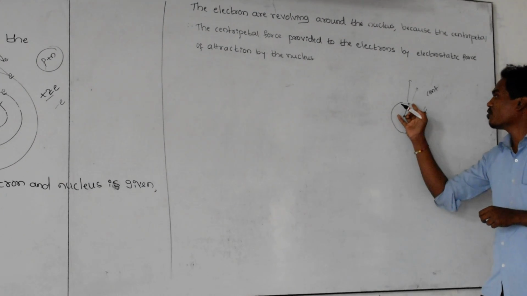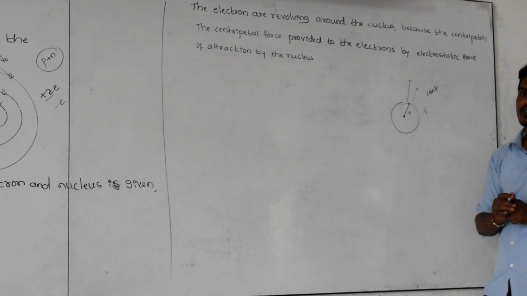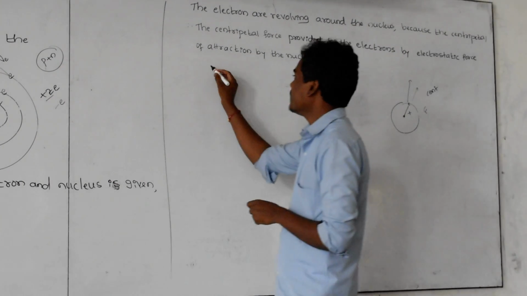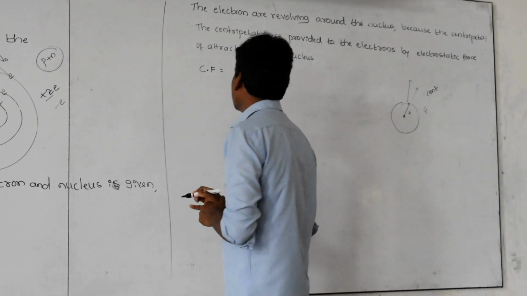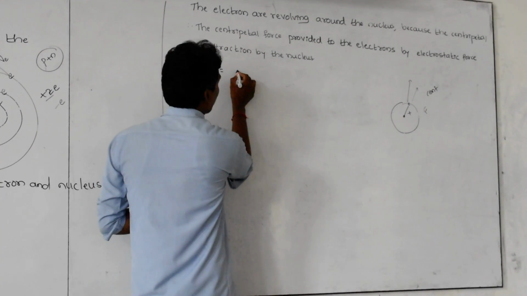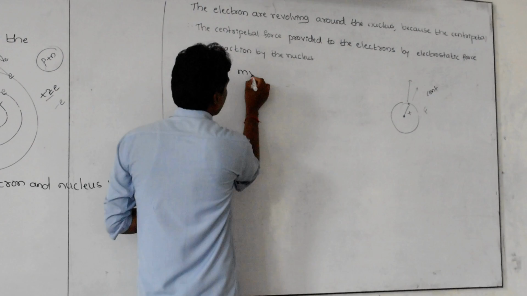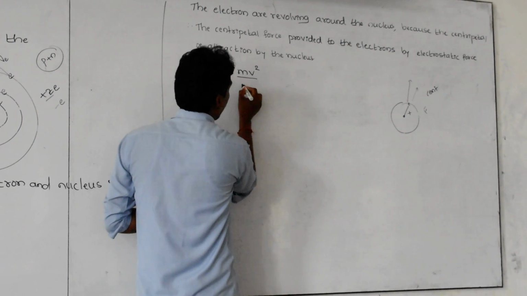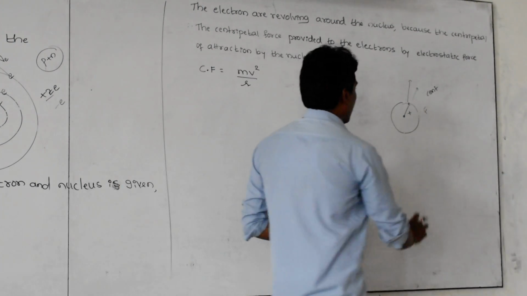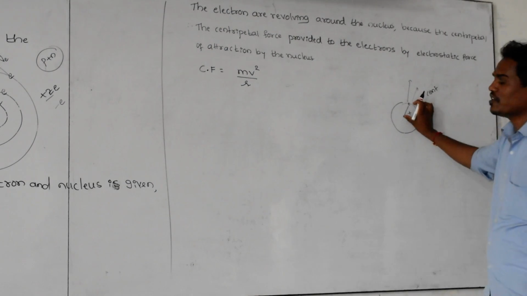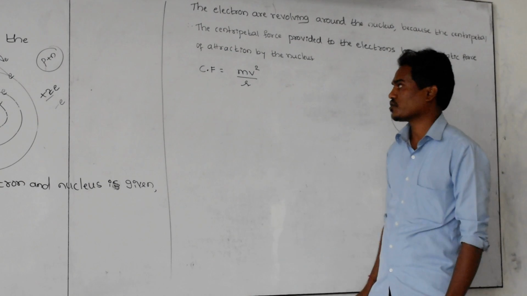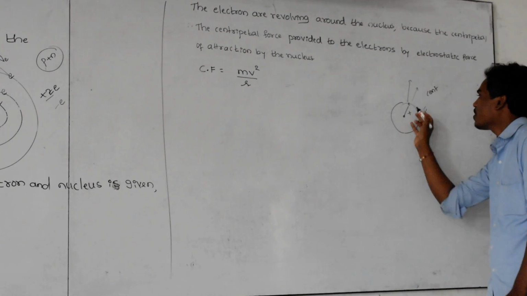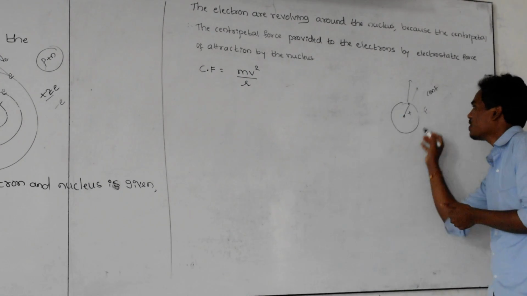But how to calculate the centripetal force of this revolving electron? The formula is mv square divided by r. Here r is the distance between the center of the nucleus and the center of the electron. v is the orbital velocity, the velocity with which the electron is revolving.